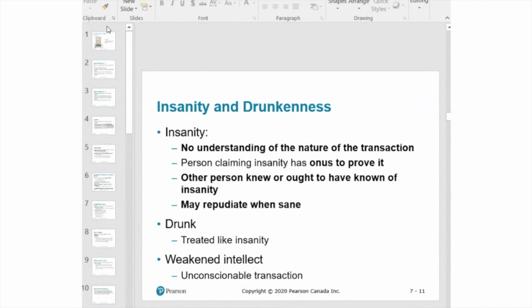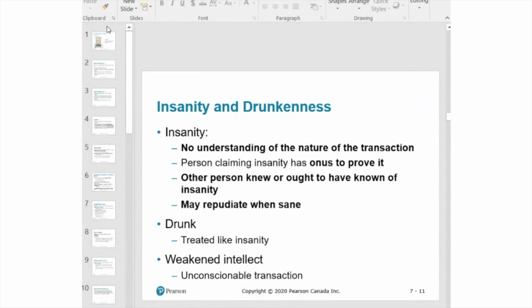Because if they were not aware, if you were not showing any signs of insanity or drunkenness or intoxication, they could not know. And then, if this is the case, you are still bound by the contract.